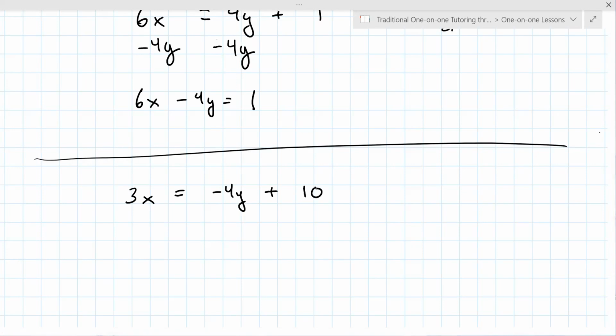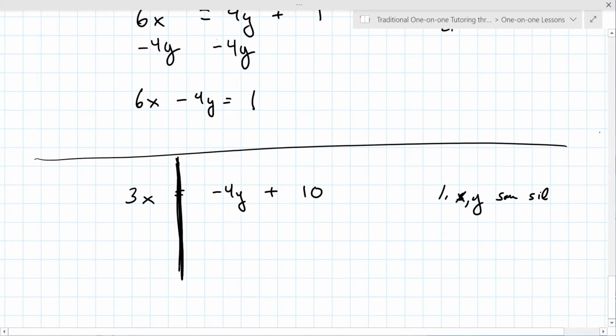Okay, what is the first requirement for standard form? For standard form, x and y have to be on the same side. Are they on the same side of that line? No, they're not. One's on one side. Imagine this is a fence.